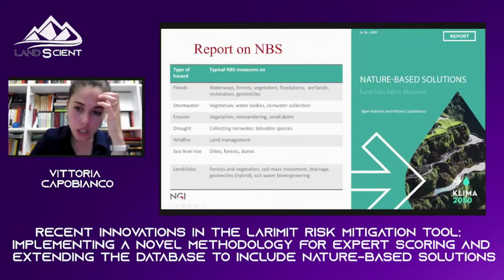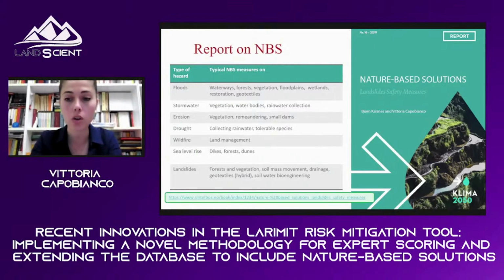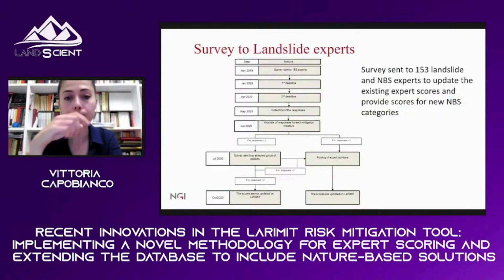All these measures were also listed and published in this report for the project Climate 2050, in combination also with nature-based solutions for other types of hazards, such as floods, stormwater, erosion, droughts, etc. So you can just look at this report that we published in 2019.